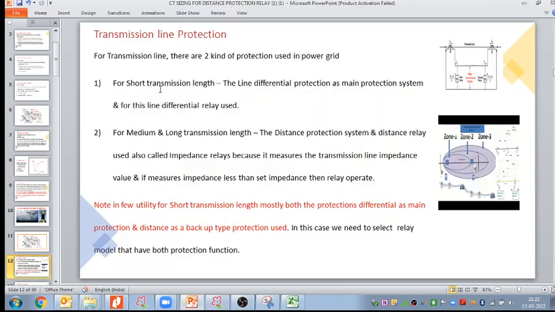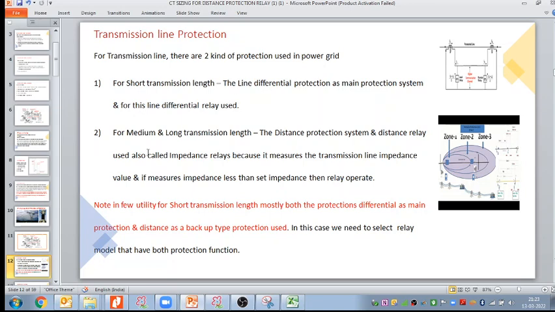So for that short transmission line length, the line current differential protection is the main protection system, and for this, a differential relay is used. That is statement number 1.